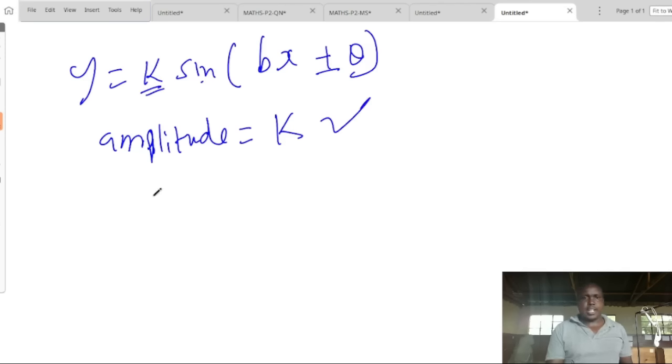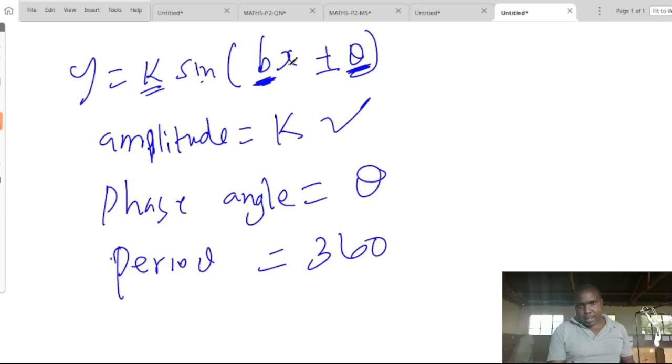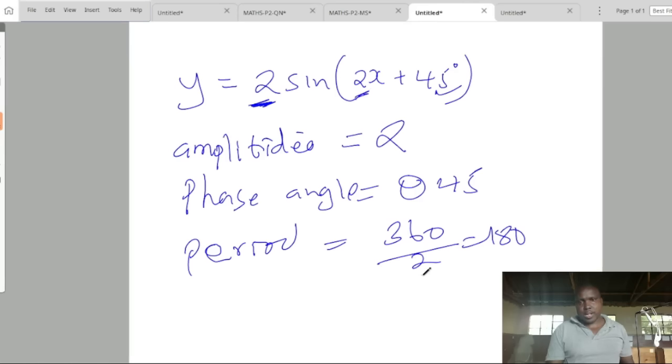Then the phase angle, not the phase boundary, is theta. You just read this angle theta here, and then the period is equal to 360 divided by the number that is before this value of x, which is b. That's why in this one it was 2, so I divided by 2.